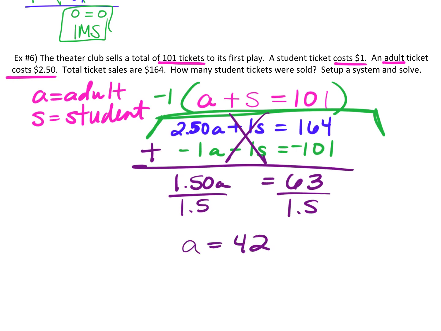Okay, now here's where I see a lot of other mistakes. What does that mean? 42 adult tickets, not $42 per adult ticket, right? They told us the cost. This is how many we sold. So 42 adult tickets. So are we done? No, what did they ask us for? They asked us for the student tickets.